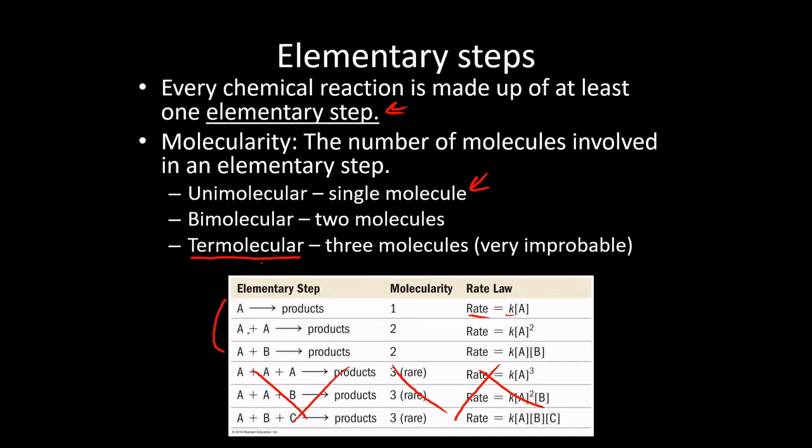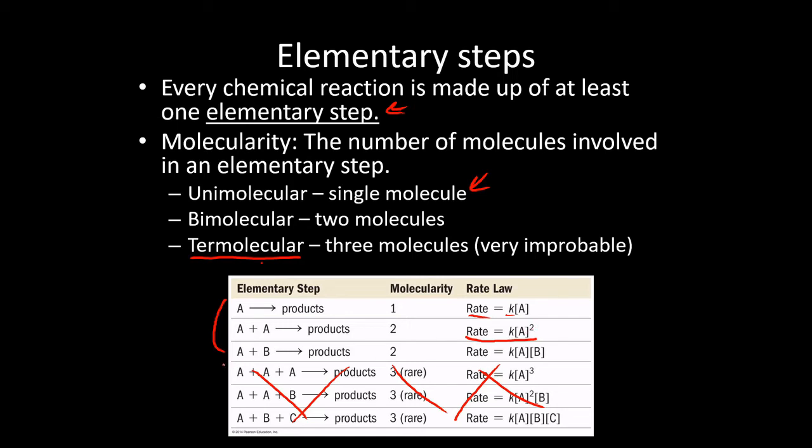If you have a bimolecular process, and that is the only step in the whole reaction, then your rate law would be this. You would have second order. So you have the rate is equal to K times A to the second.